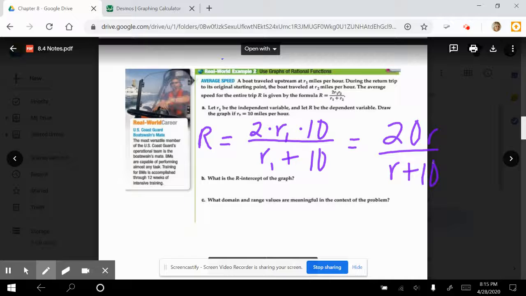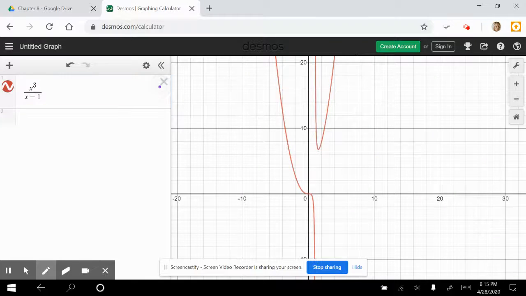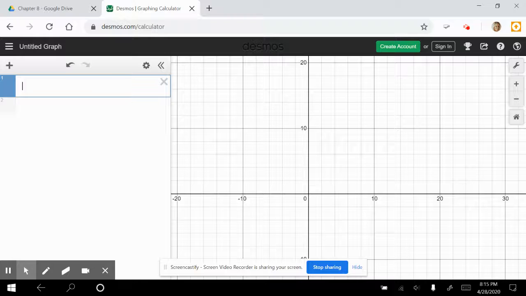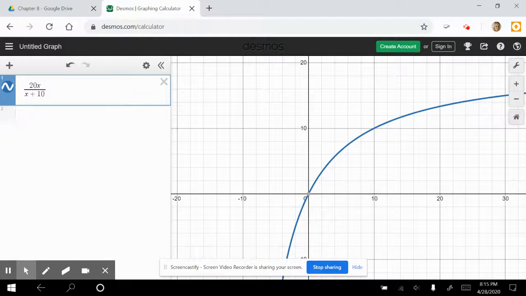Okay, so if we wanted to see what our graph would be, again, I can do this on Desmos. And remember, I have to use x's and not r's. So it's going to be 20x divided by x plus 10. Okay, so here's our graph right here.